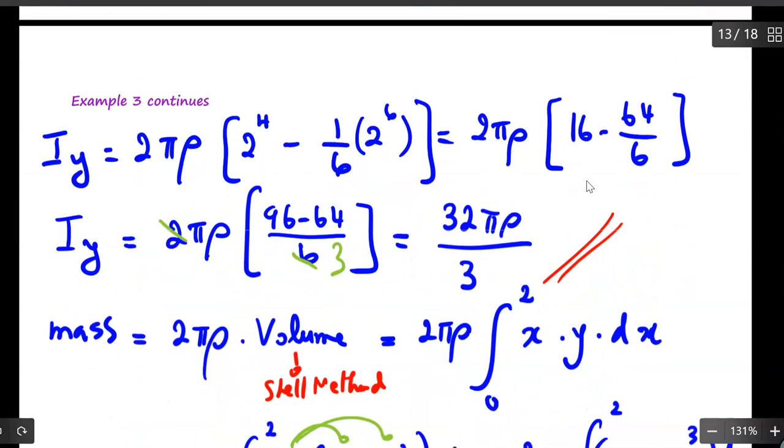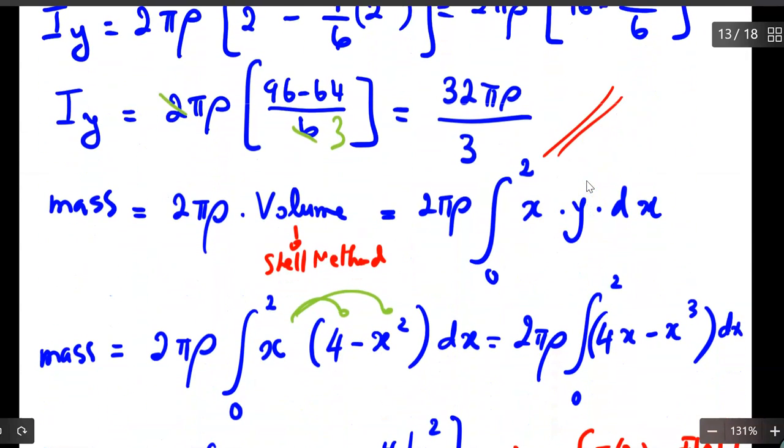And to find the mass, don't forget in the previous example, our mass was identified by the rho times the area. But because now we have to use volume, the mass will be 2 pi rho times volume using the shell method. Because shell method is associated with the element that is parallel to the axis of rotation. So that is the only method that you can use in this case. Alright, okay.